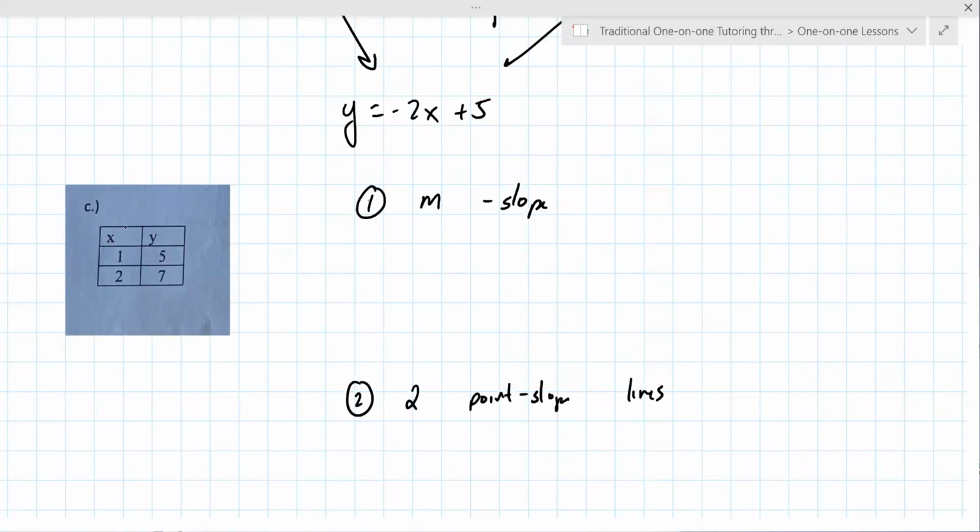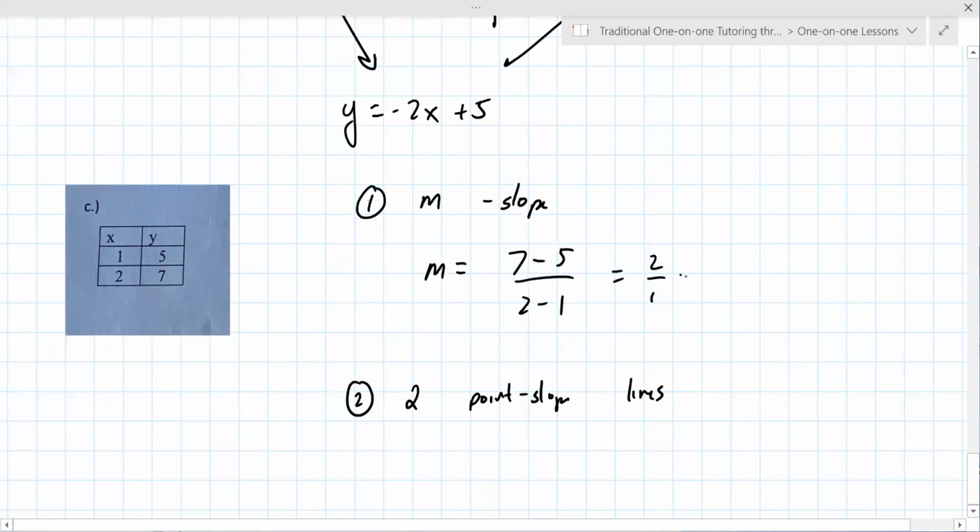All right. Okay, would it be y minus 5 equals 2 parentheses x minus 1?